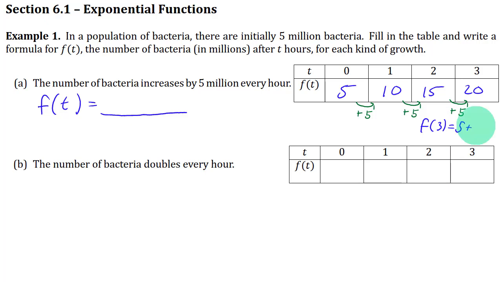So we could write this as 5 plus 5 times 3, which is 5 plus 15, which is 20. So in general, this is going to be 5 plus 5 times t. So the starting amount is that 5, and then the increasing by 5 million every hour is this 5 right here. Okay, so that's a linear function just like we looked at a lot in chapter 1.